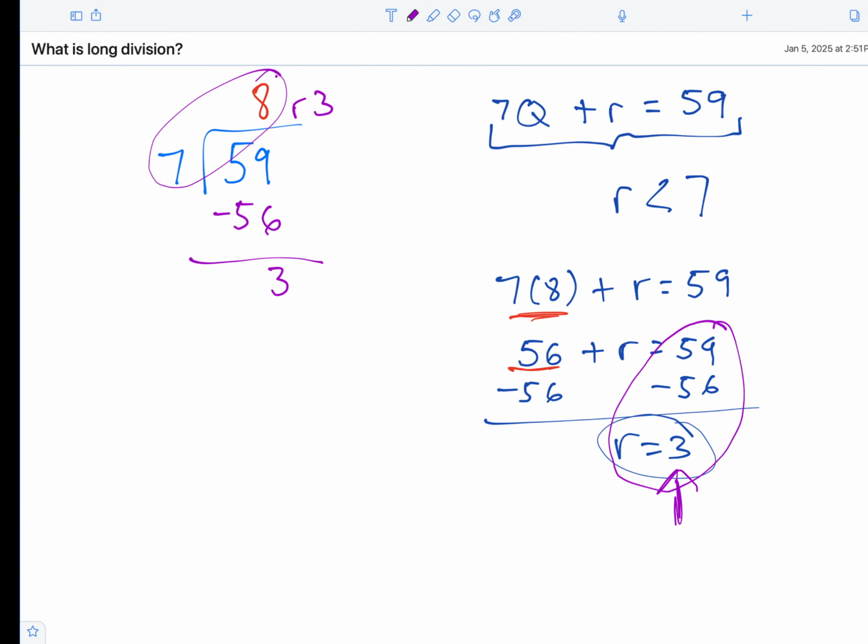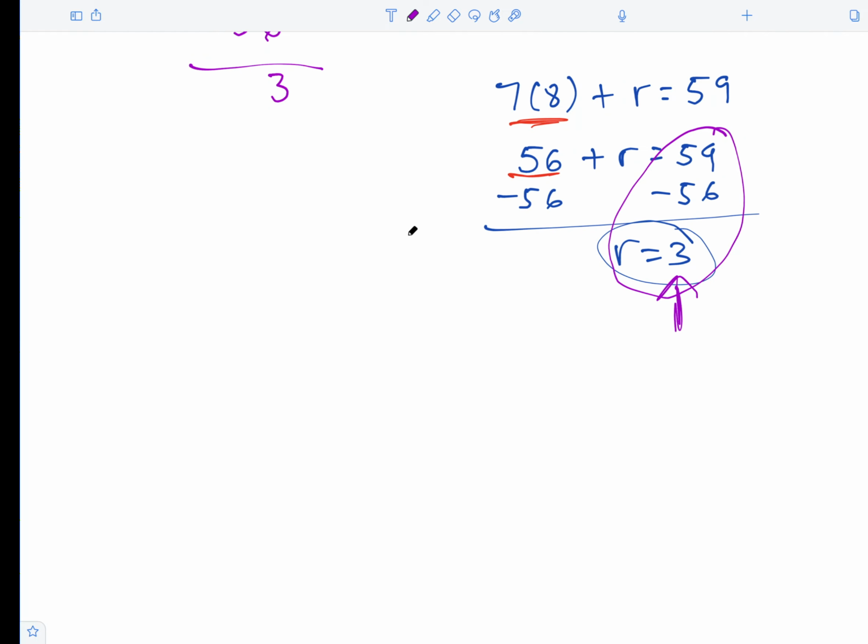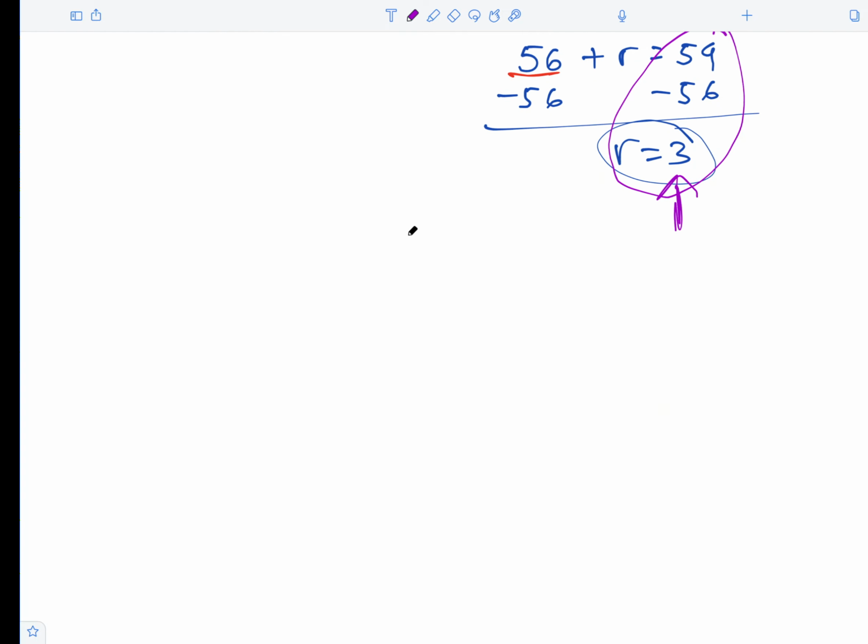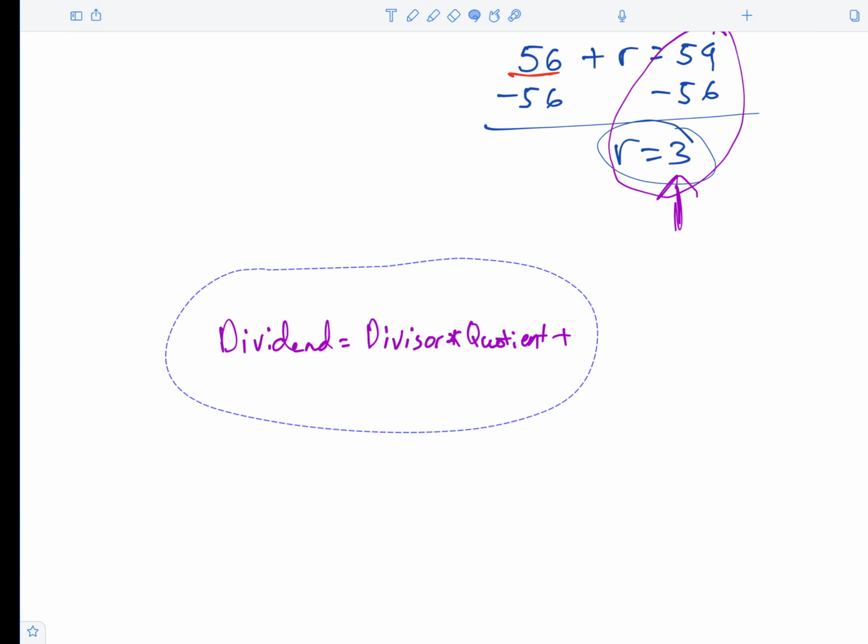So this formula right here, this little act right here, is essentially an equation of what division is. So the dividend is equal to the divisor times the quotient plus the remainder.